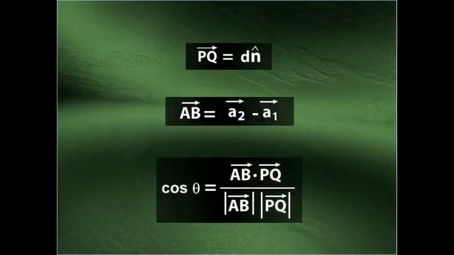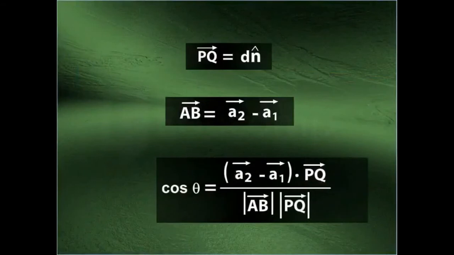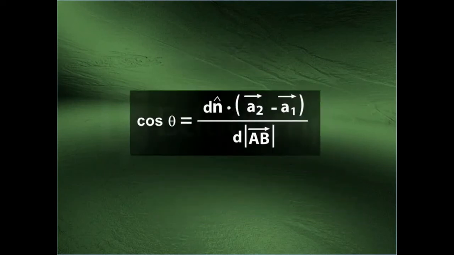Substituting vector A2 minus vector A1 in place of vector AB, d n cap in place of vector PQ, and d in place of magnitude of vector PQ, you get the value of cos theta as d n cap dot vector A2 minus vector A1 whole upon d into magnitude of vector AB.